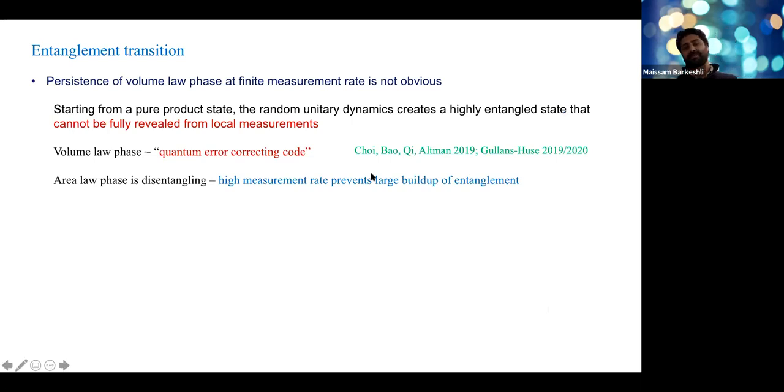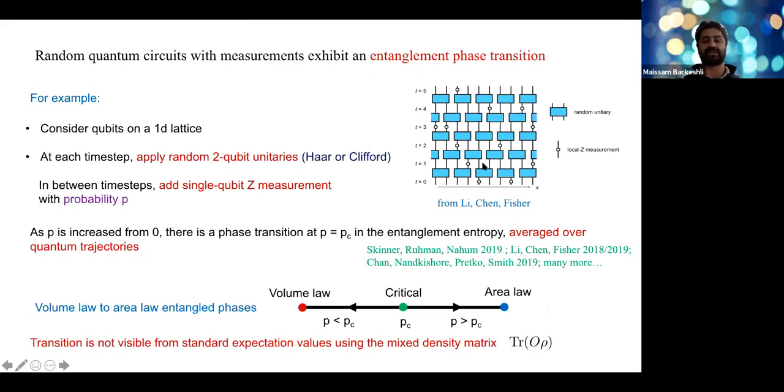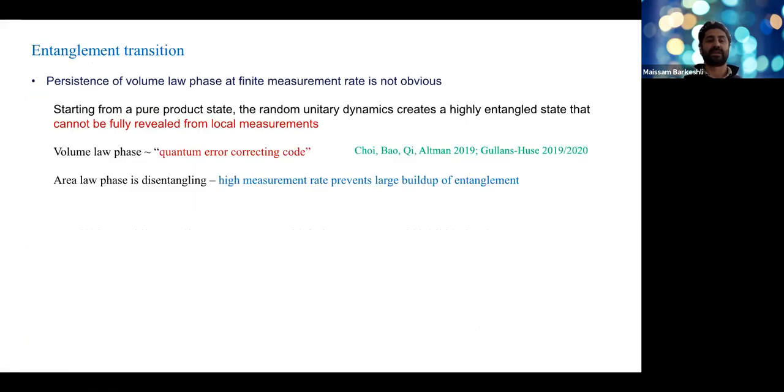Now, perhaps the surprising thing here is that you might think that the moment you add some amount of measurements here, you will eventually disentangle the phase. And so you might think that there should be no stable volume law phase the moment you add some single qubit measurement probability. But it turns out that that's not the case.